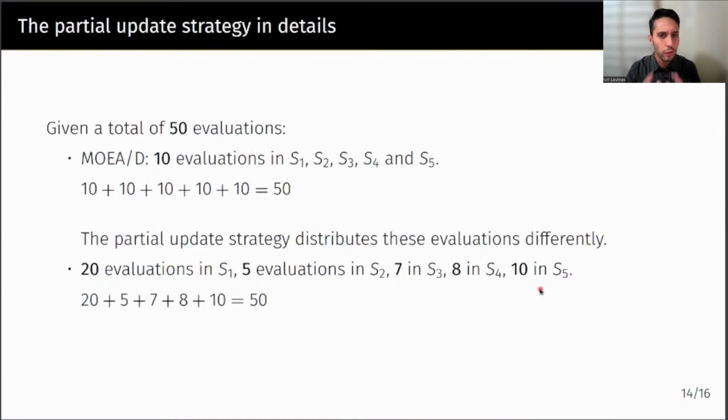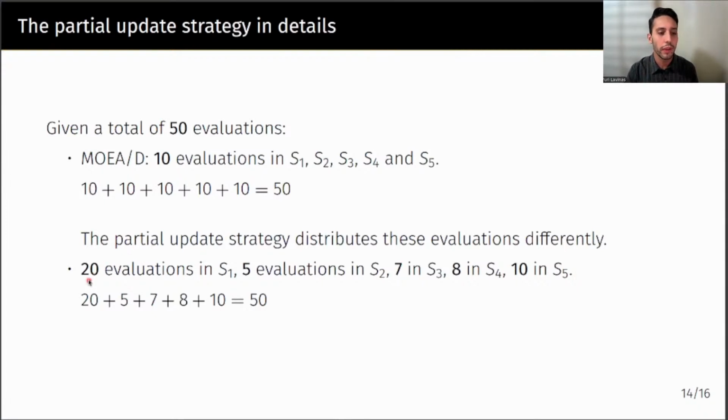Let me give you a little bit more detail on how we do that. MOEA/D focuses on subproblems by giving them evaluations. So in the traditional algorithm, if you have 50 evaluations, we are going to give 10 evaluations to each subproblem. And if we sum up, we get 50 evaluations in total. When we use the partial update, however, we have a different distribution of evaluations to subproblems.